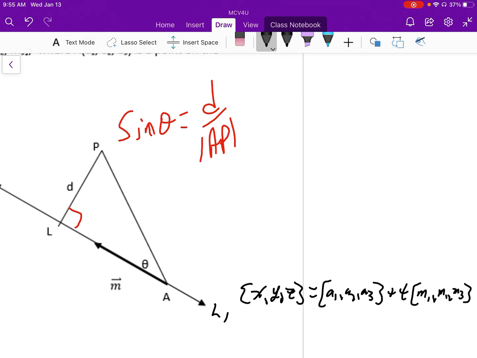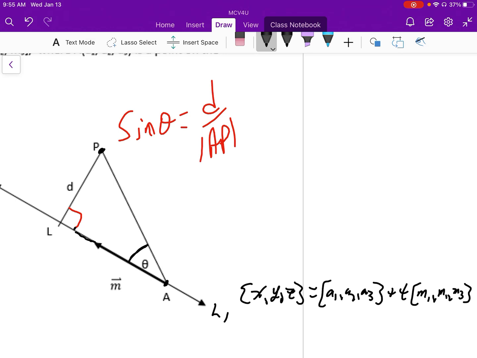So if we see how these are formed, we've got our angle theta between the direction vector M and the vector formed by the point A that we know on the line and the point P somewhere off the line. We know that the distance is a perpendicular distance. We know that for a fact.